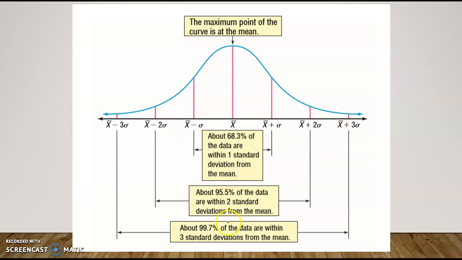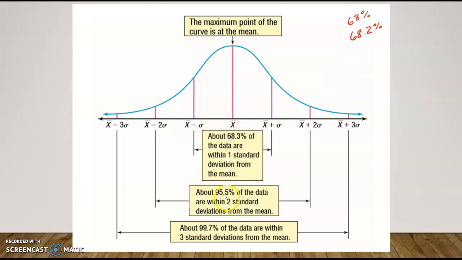So here are your 3 big things that you need to know. About 68.3% of the data are within 1 standard deviation of the mean. I think on the ones that we'd had, they had just been using 68%. Some places also use 68.2%. So I've had just the regular 68%, and I've seen the 68.3 and the 68.2.